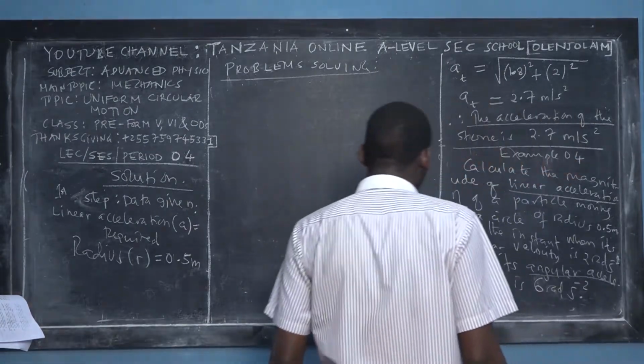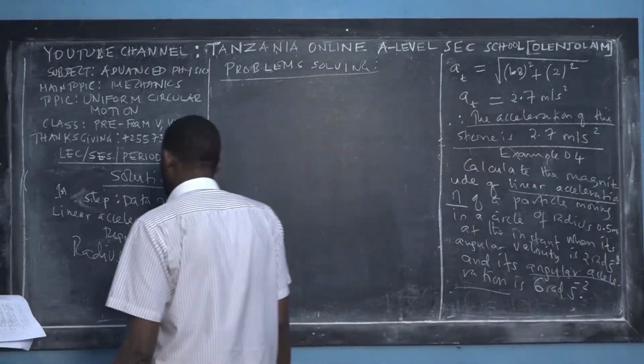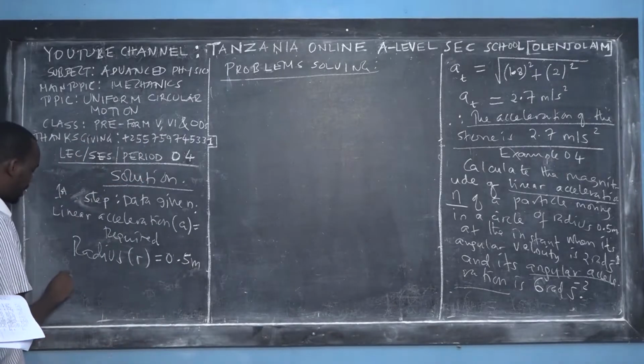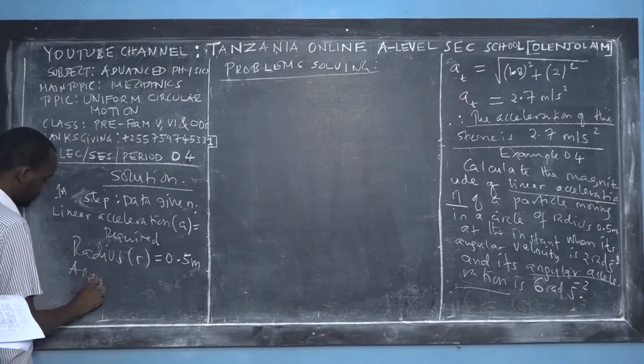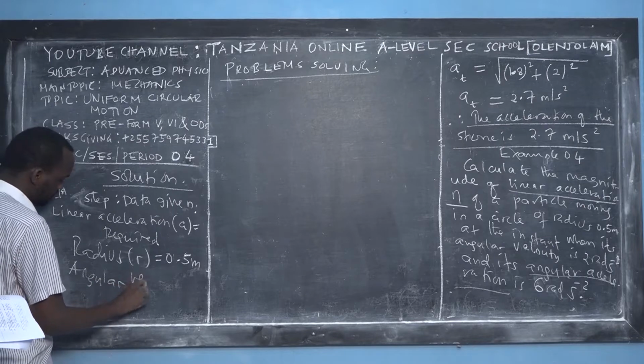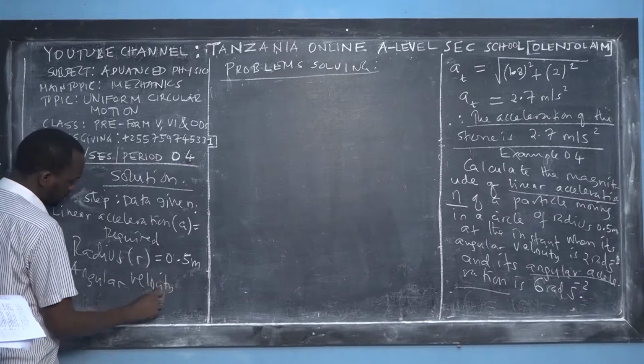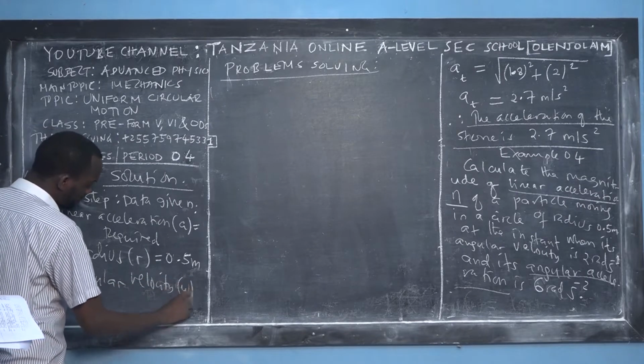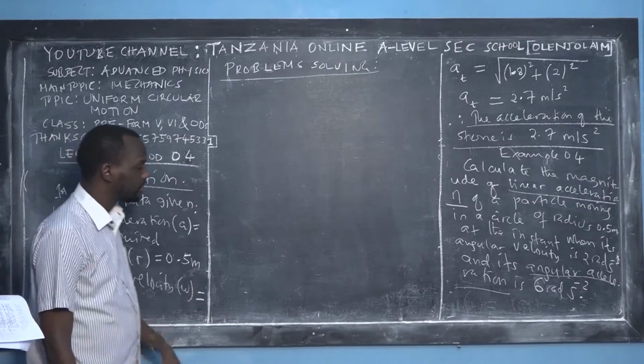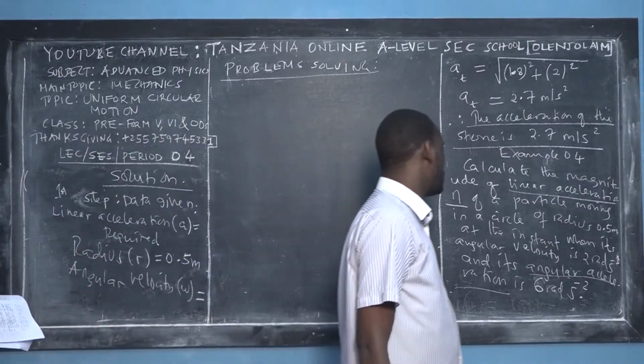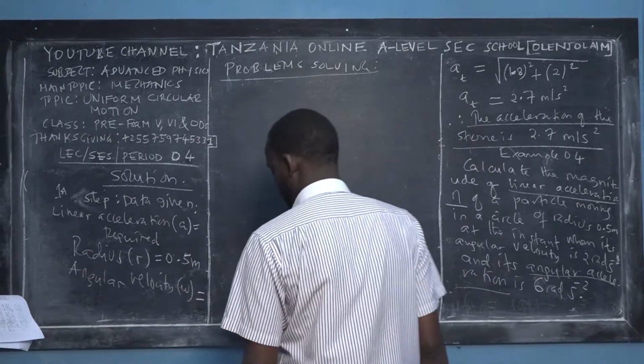At the instant when its angular velocity is 2 radians per second. So the angular velocity, which is omega, is equal to 2 radians per second.